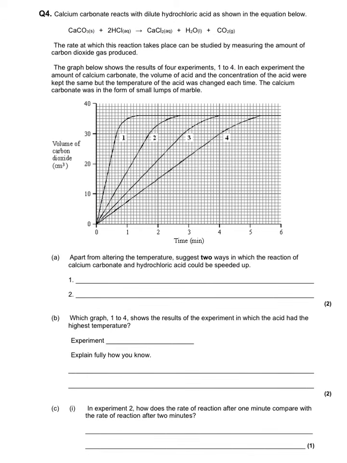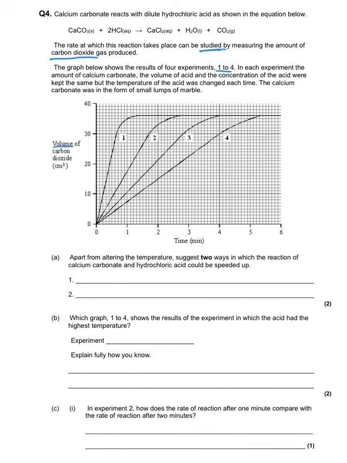The final question that we're going to look at here is about the same reaction, calcium carbonate reacting with hydrochloric acid. This time we have been shown the equation, and we've been told that we can be studying the rate of this reaction by again measuring the amount, volume, of carbon dioxide that is produced. This time it looks like 4 experiments have been done, numbered 1 to 4.